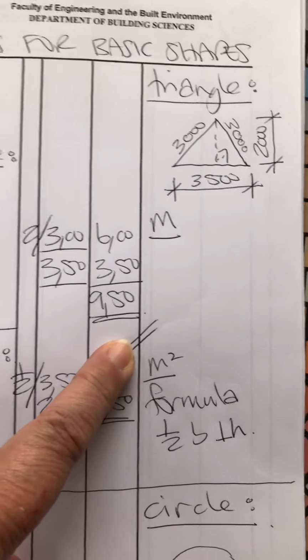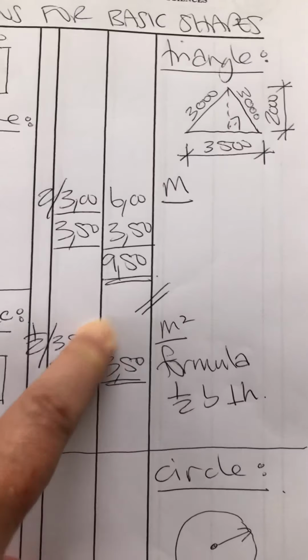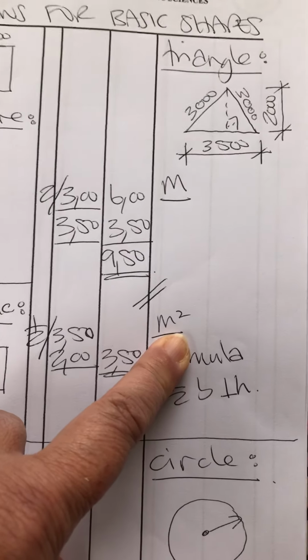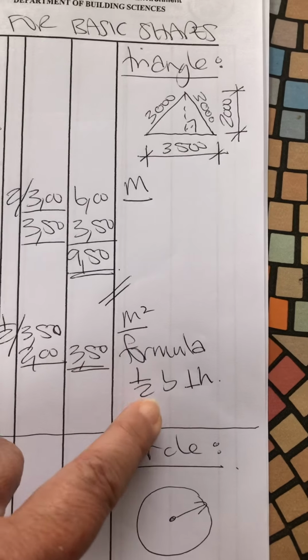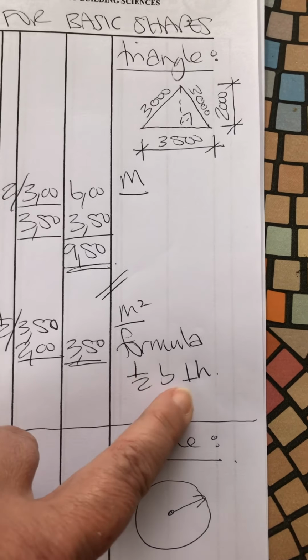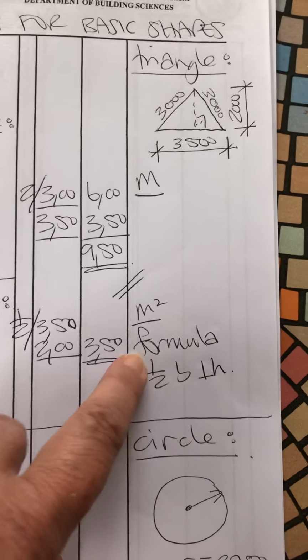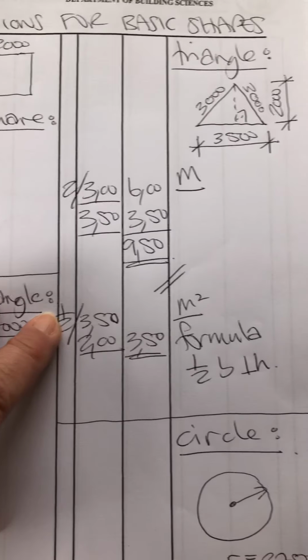I end off my meter calculation. The next one, I'm going to look at my square meter, or my area of the triangle. My formula for a triangle is area equals half base times perpendicular height. You will see the half part of my formula I will put in my times column.